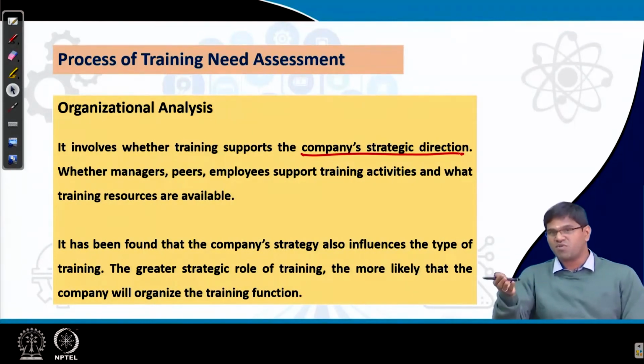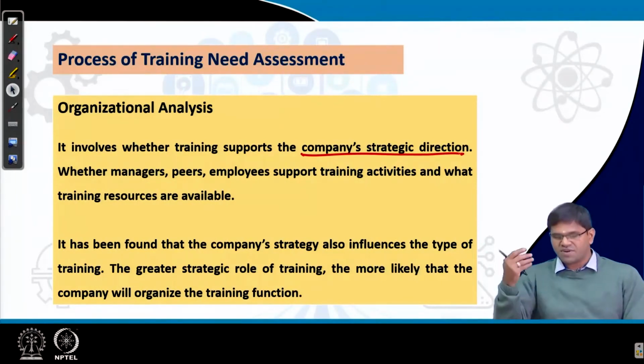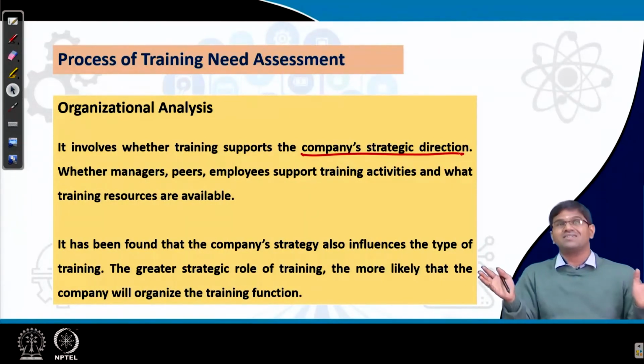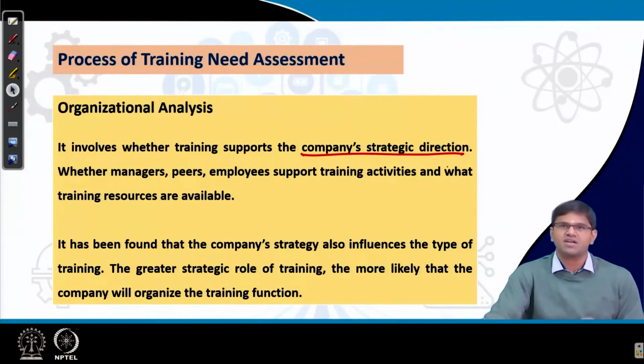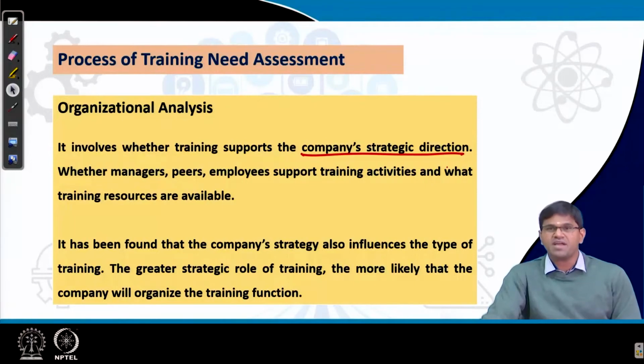That is the primary focus. The greater the strategic role of training, the more likely the company is to organize a training function, which is very important. Organizational analysis plays a very critical role in determining the training programs. Whether training is required or not will also be determined by the strategic direction of an organization.